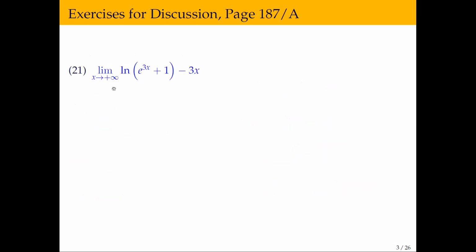For number 21, we are asked to evaluate the limit of ln of e raised to 3x plus 1 minus 3x as x goes to positive infinity. So ngayon, tignan natin anong type of indeterminate form ba ito. Well, as x goes to positive infinity, e raised to 3 times x is just e raised to positive infinity.